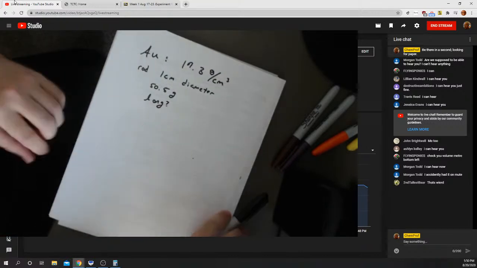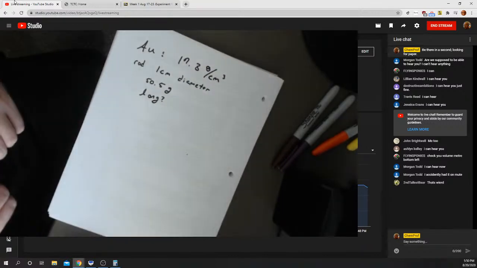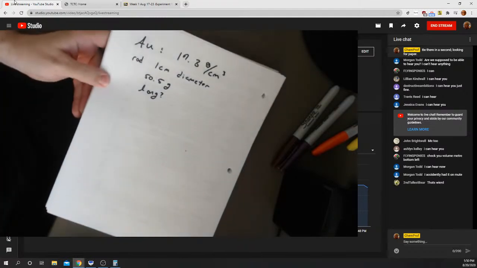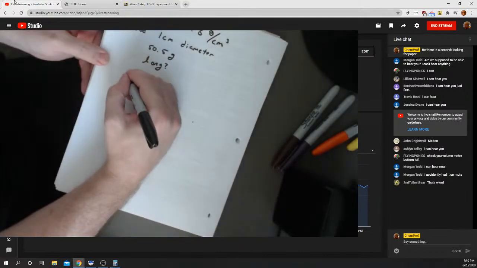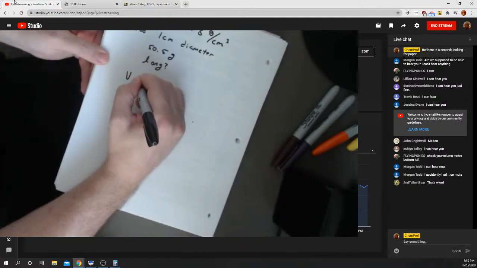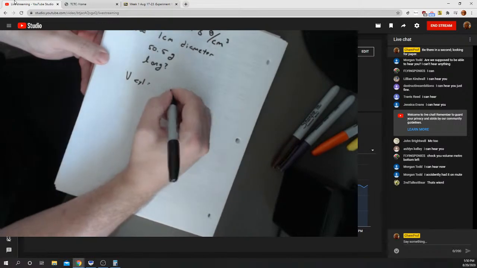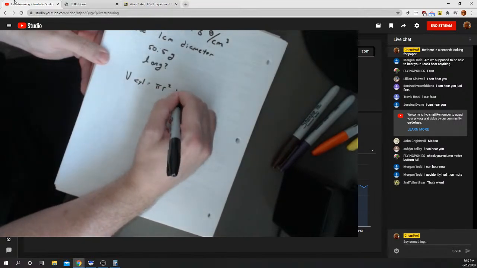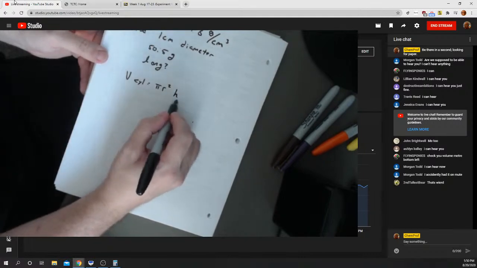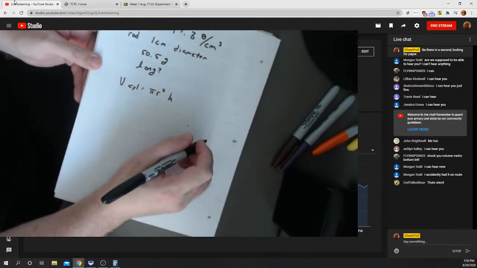So, a rod is a cylinder, and I don't know if you remember from various kinds of math classes, the volume of a cylinder is pi r squared h, just the area of the base multiplied by the height of the cylinder.